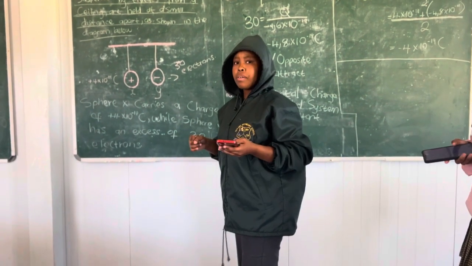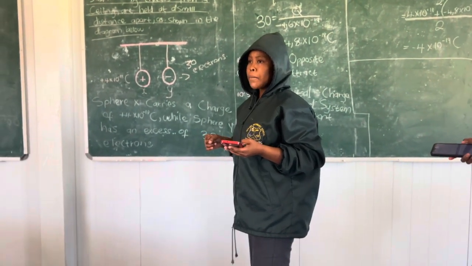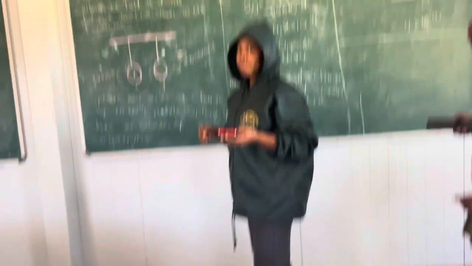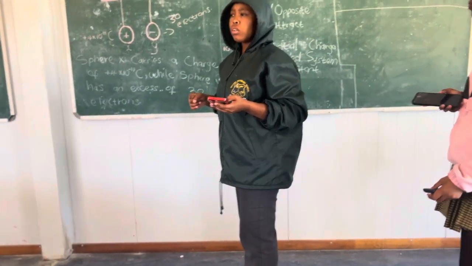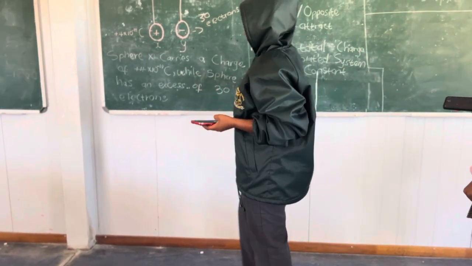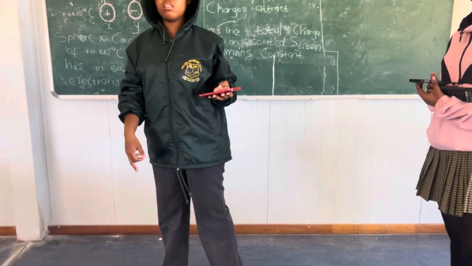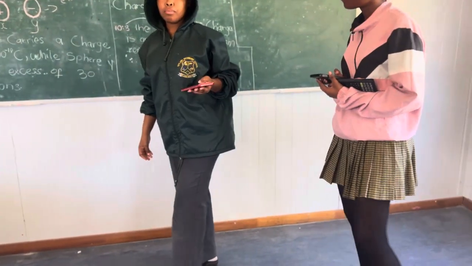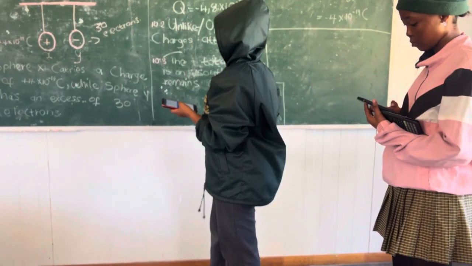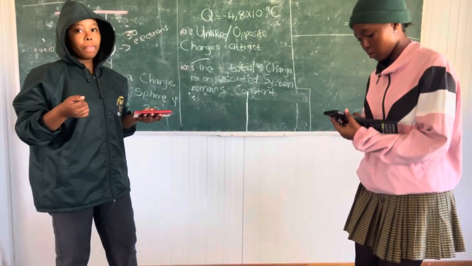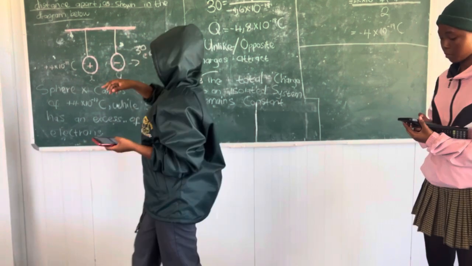X is positive, so it has an electron deficit. Y is negative, with excess electrons. So when they touch and separate, the electrons move from Y to X, because X is positive, so it will gain electrons.